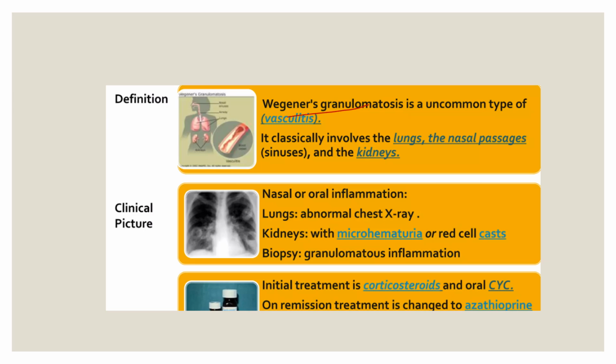Wegener's affects the lungs, the nasal passage, and kidneys. In the nasal or oral areas, inflammation can be there. In the lungs, there is abnormal chest X-ray with pulmonary hemorrhage. Kidneys show microhematuria. Biopsy shows granulomatous inflammation. So it is granulomatous with pulmonary hemorrhage with recurrent sinusitis, and the treatment is steroid.